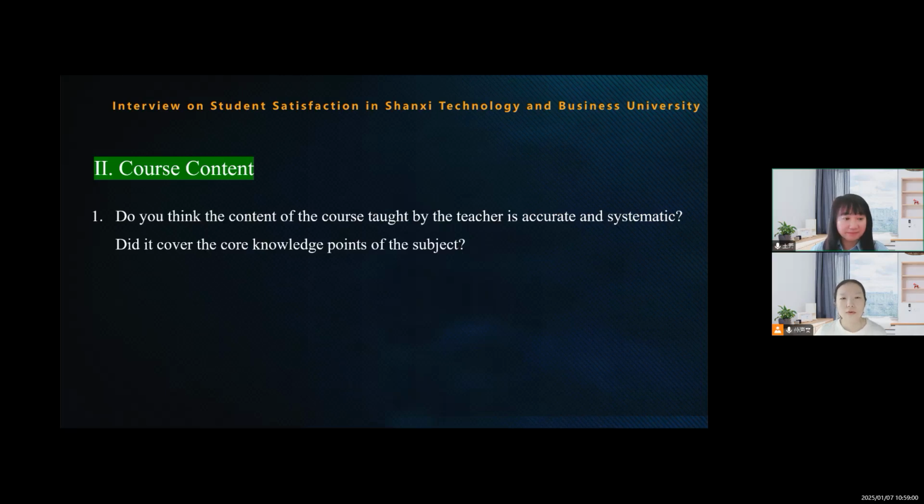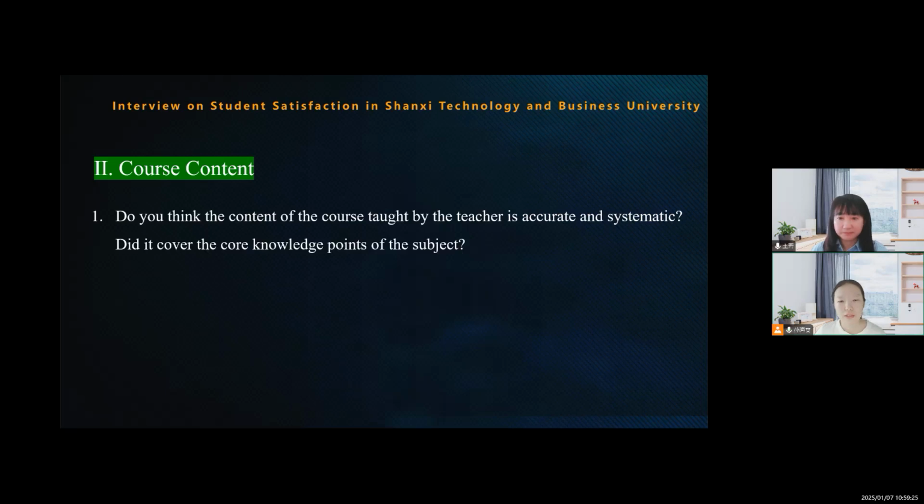Most of the course content is accurate and systematic. The teacher is well prepared and gives in-depth and comprehensive explanations of the core knowledge points of the business administration major, such as marketing, financial management, and human resource management.